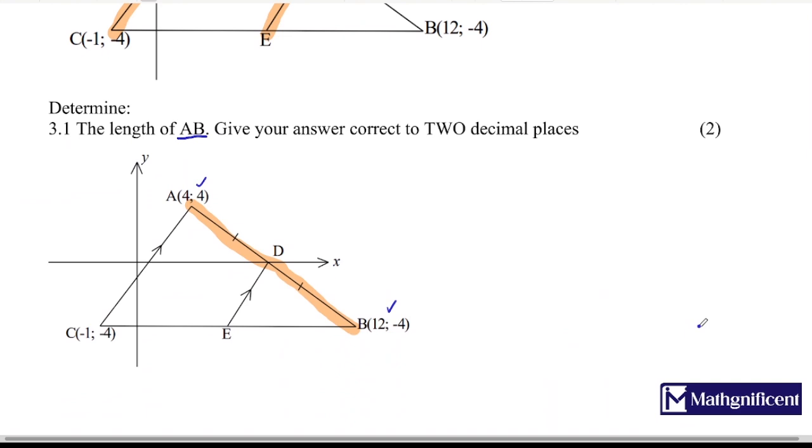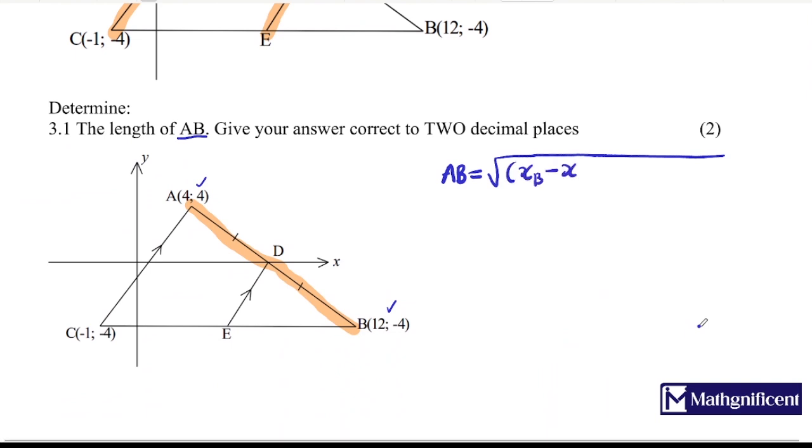Since it is the length of AB, I'm going to write AB is equal to the square root of the x value of B minus the x value of A, squared, plus the y value of B minus the y value of A.